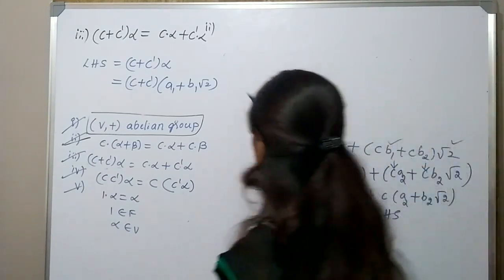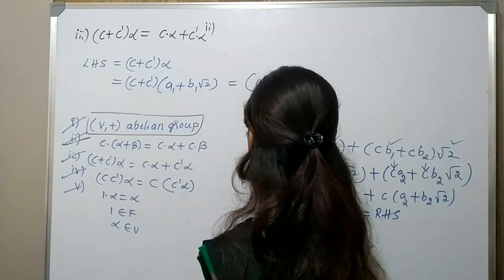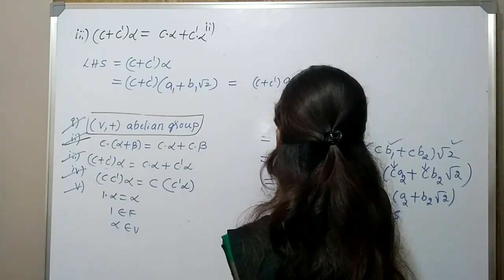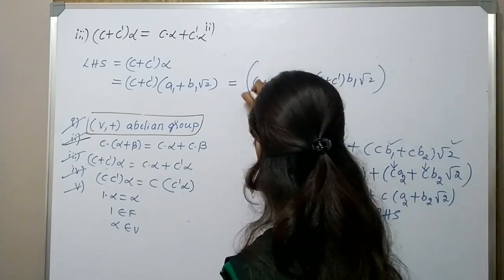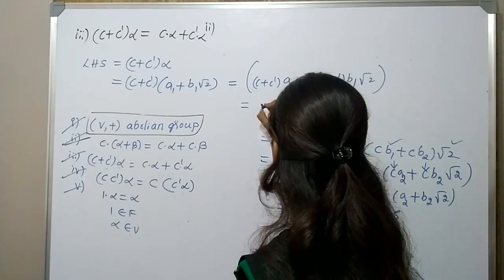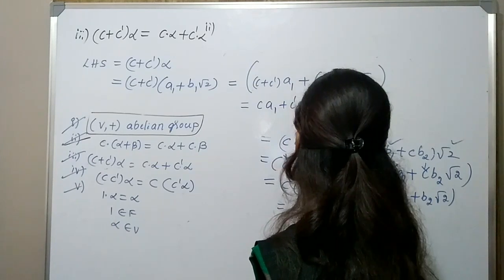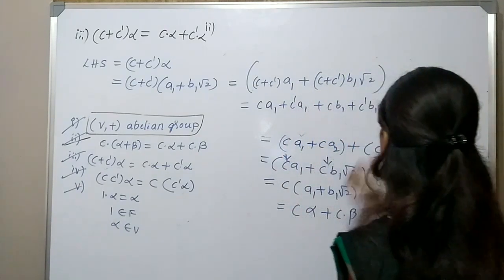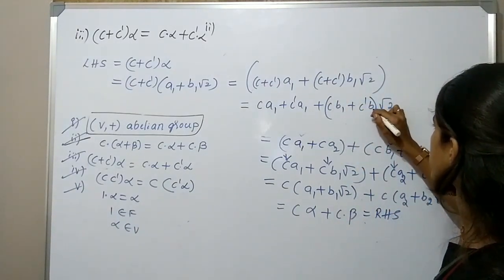So multiply c plus c dash within the bracket: (c plus c dash) into a1 plus (c plus c dash) into b1 root 2. I multiply c plus c dash. Now multiply a1, which gives c a1 plus c dash a1. Here c b1 plus c dash b1 root 2. For this, root 2 is common, b1 root 2.